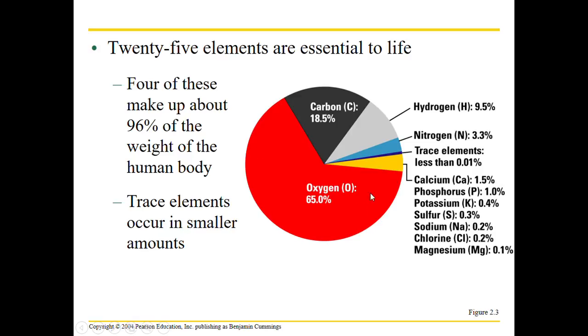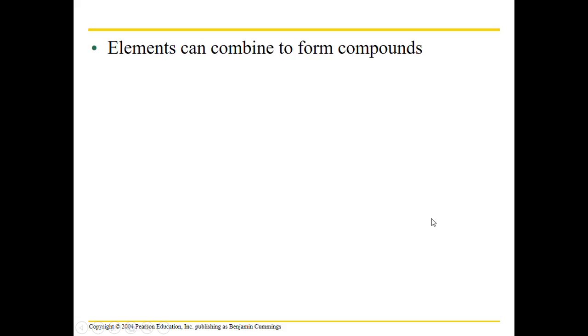That's ridiculous, 65%. All of these are important to life, including these trace elements. Without them, we would have problems sending electrical signals. We'd have problems maintaining a normal number of solutes, which means things dissolved. So all of these 25 elements are very essential to our well-being.